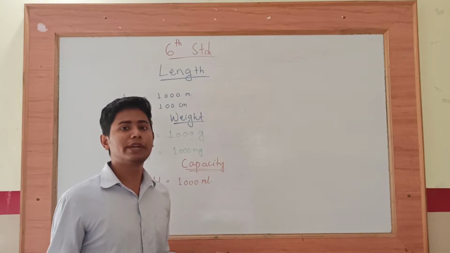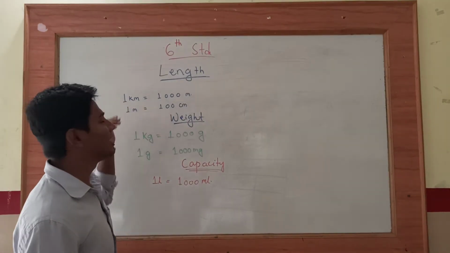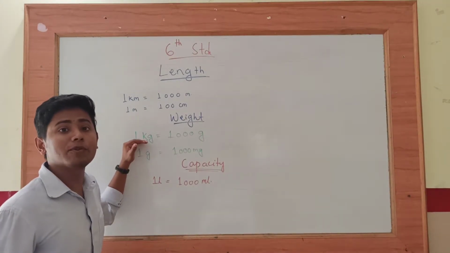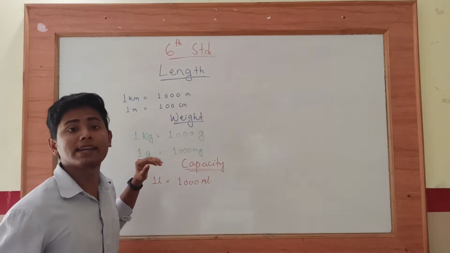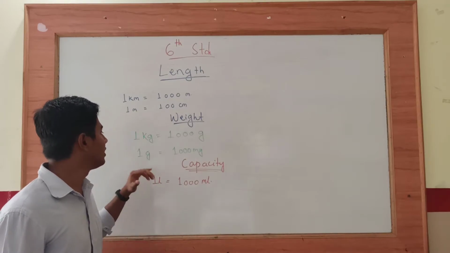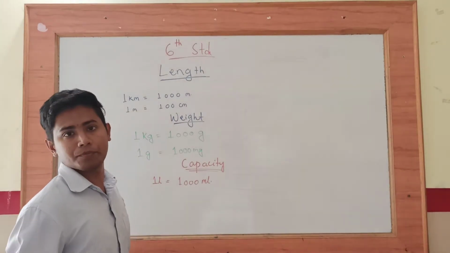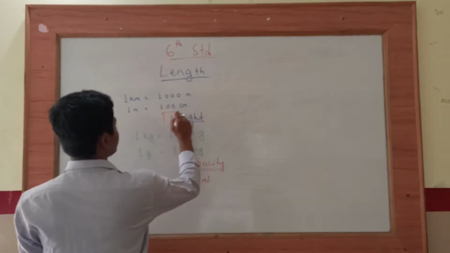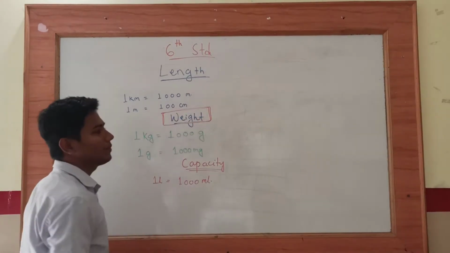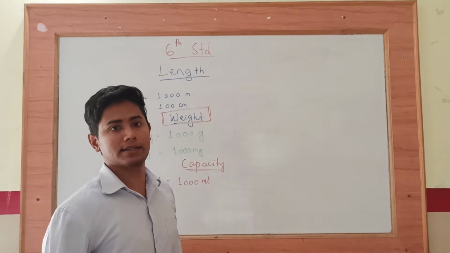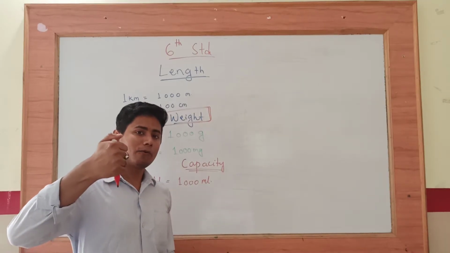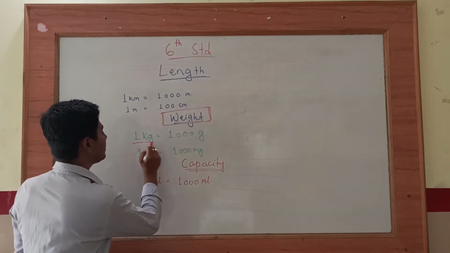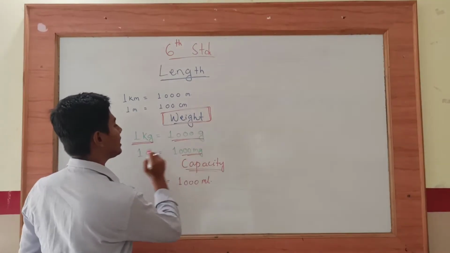When you go to bring sugar, what do you say? Give me 1 kg sugar, give me 1 kg potato, give me 500 gram tomato. Like this you can say for weight. When you buy things by weight, you can see there is a weight machine, by which you know the weight. For weight you use kg, gram and milligram.